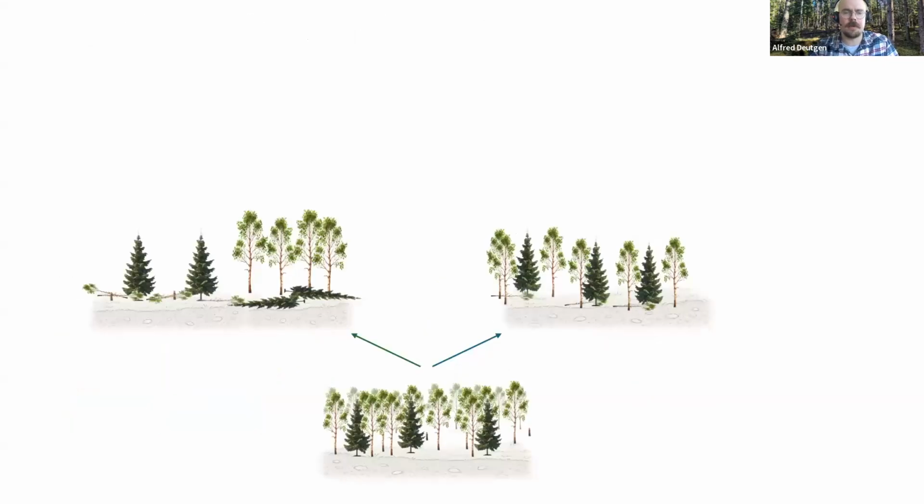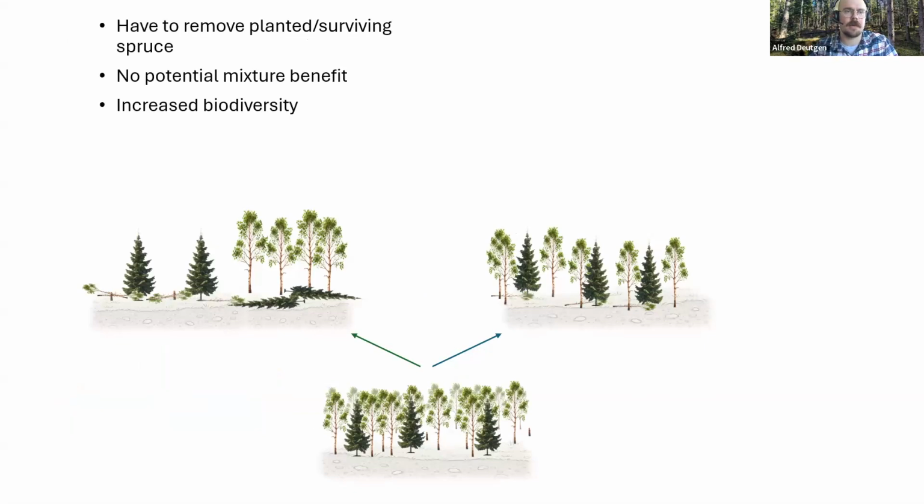You can also have patch mixtures or intimate mixtures, and they also have pros and cons. With the patch mixture, you have to maybe remove spruce to really make it work, and you lose the potential of mixture benefits. However, we have seen that you can have increased biodiversity from having the birch.